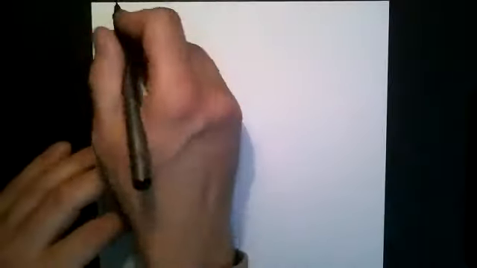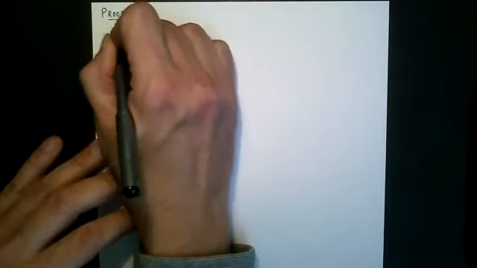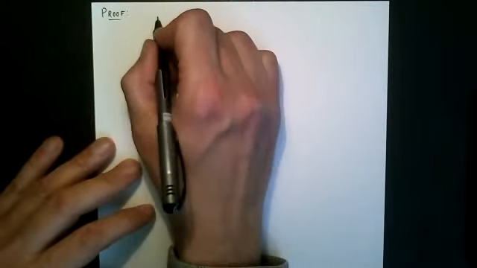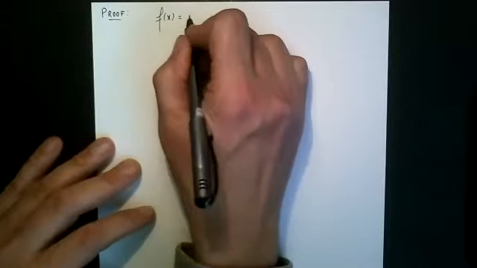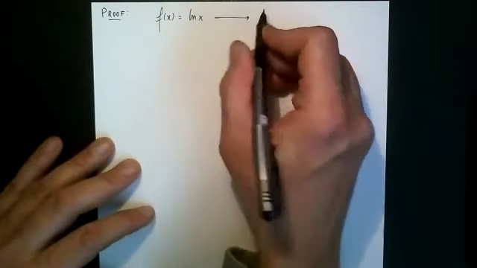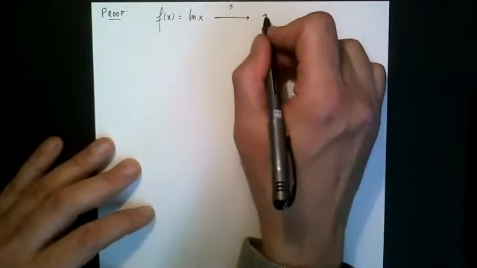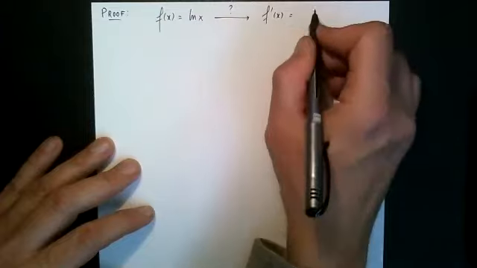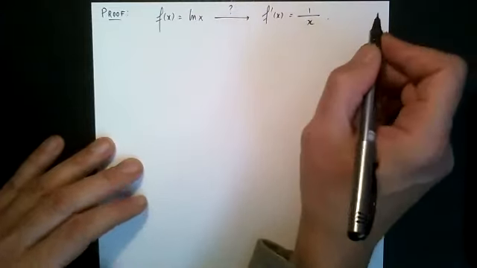Okay, let's go. So proof. If f of x is ln x, then I want to show that f prime of x is 1 over x.